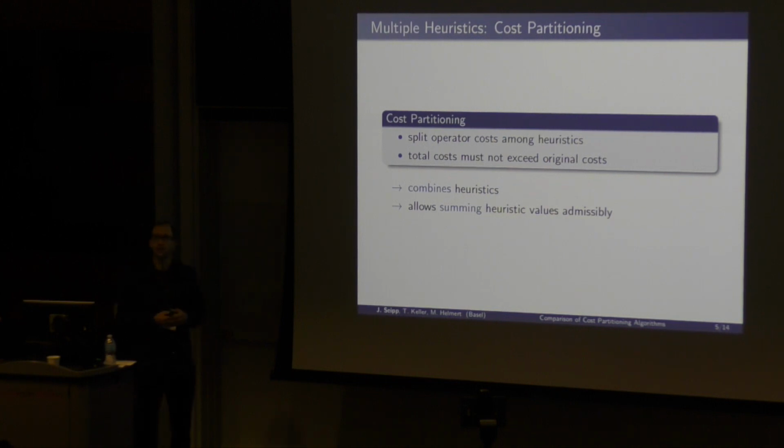What does combine the information is cost partitioning. Cost partitioning works by splitting each operator's cost among the heuristics, in a way that the total costs don't exceed the original operator costs. This essentially combines the heuristics and allows summing over the heuristic values admissibly.